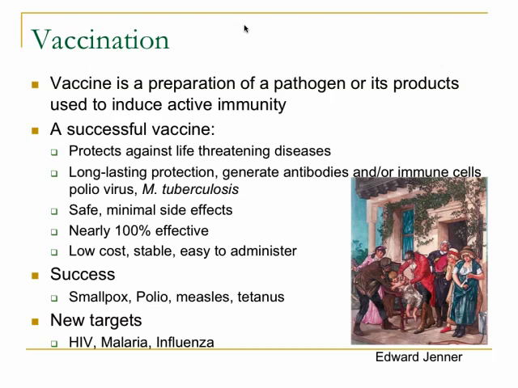Any other questions about that? So the success of vaccination is demonstrated by smallpox, which is now eradicated worldwide due to a worldwide vaccination program. And polio is eradicated in the U.S., but it's still endemic in areas of Africa and East Asia.